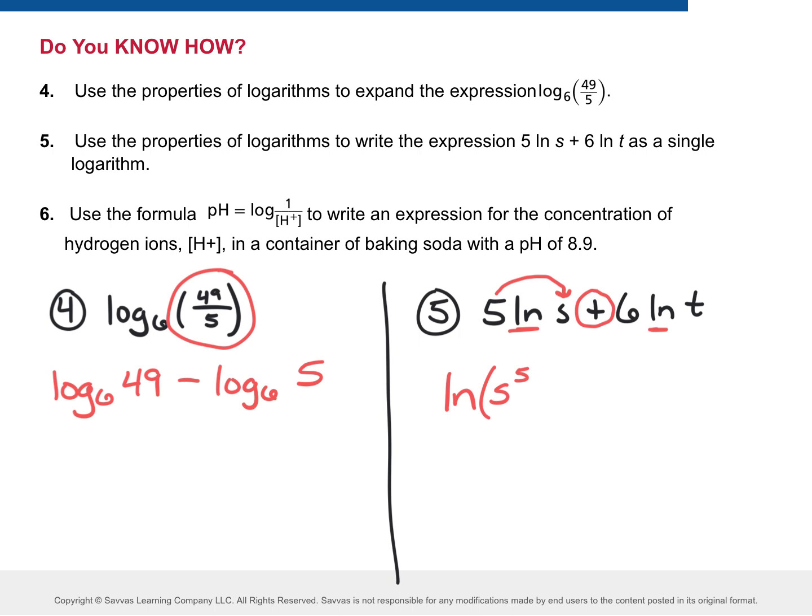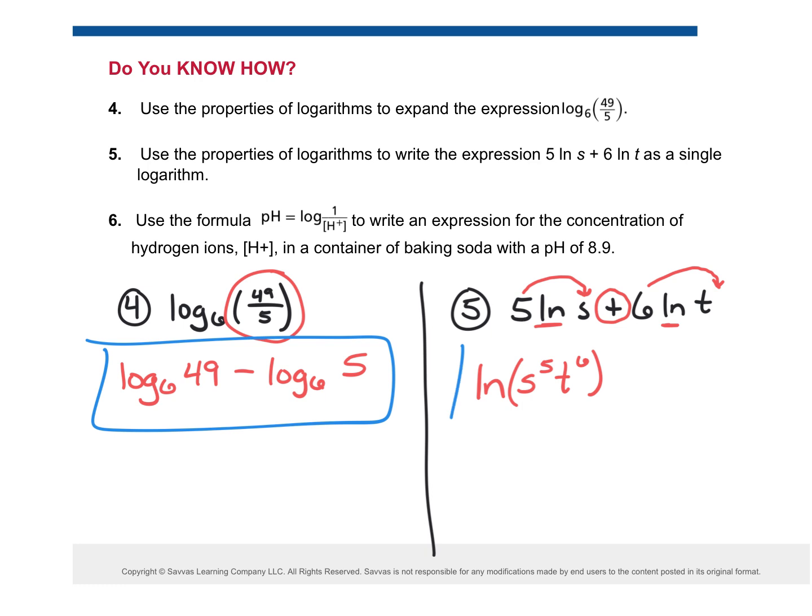Where is this 6 in regards to the log? It's in the front, so where does it go? It becomes an exponent. Yep, so it turns into t to the 6th. And remember, we were condensing that one, so we kept it all in one log. Okay? And addition turns into multiplication. Yep, that's why we're multiplying there. Okay. So both of these are in the correct form. This was expand. This was condense.